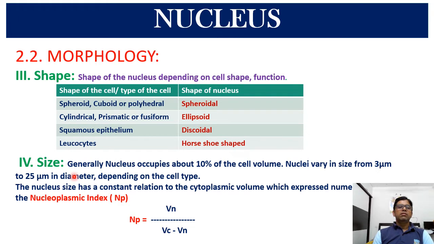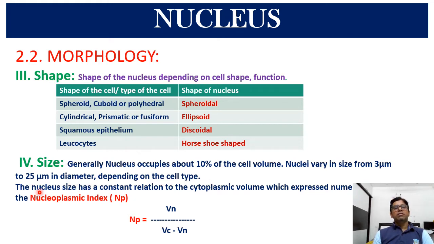Next, coming to the size of the nucleus, generally the nucleus occupies about 10% of the cell volume. Nuclei vary in size from 3 micrometers to 25 micrometers in diameter, depending on the cell type.